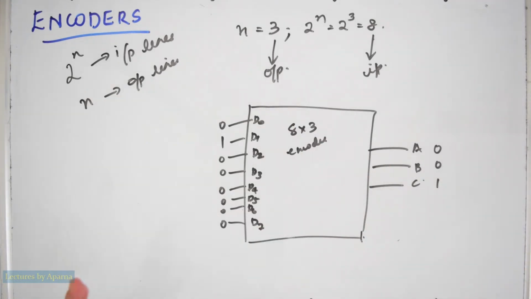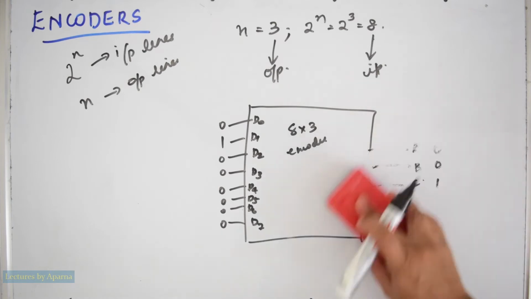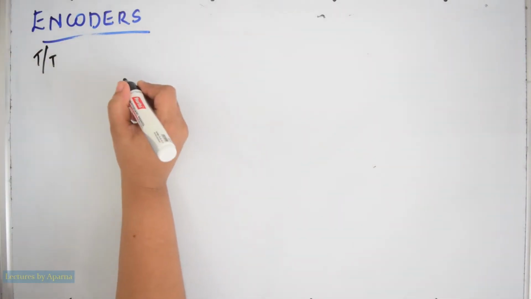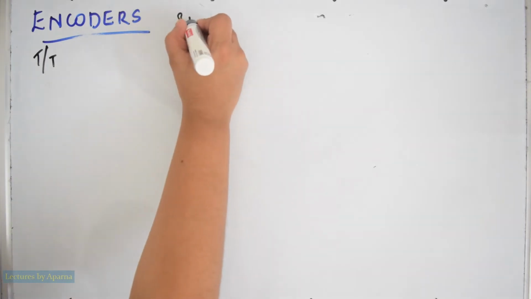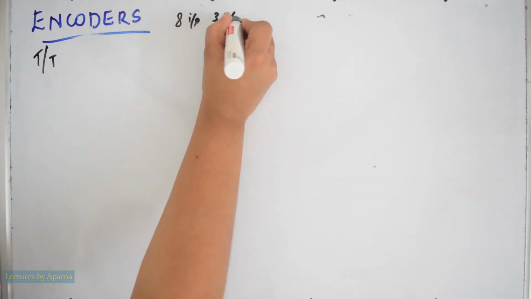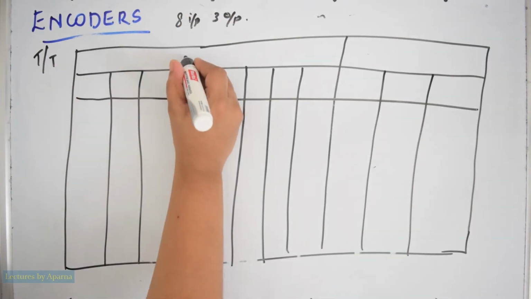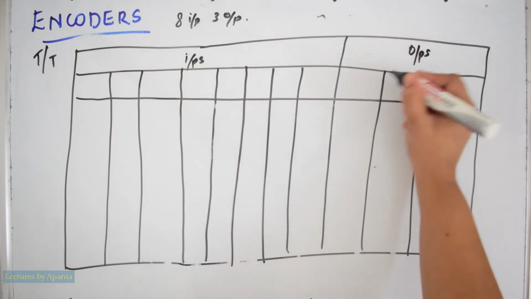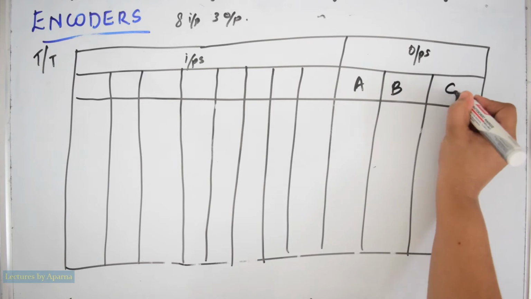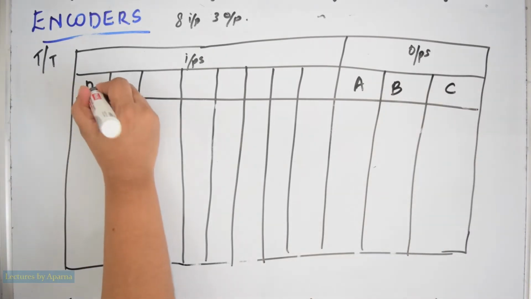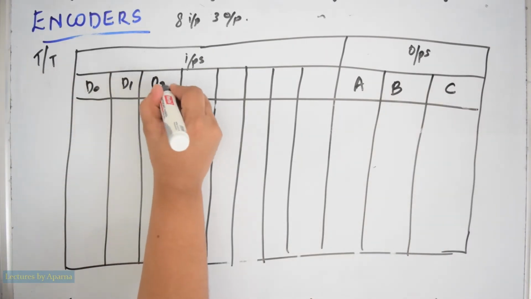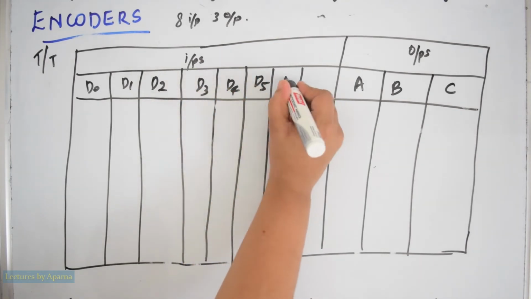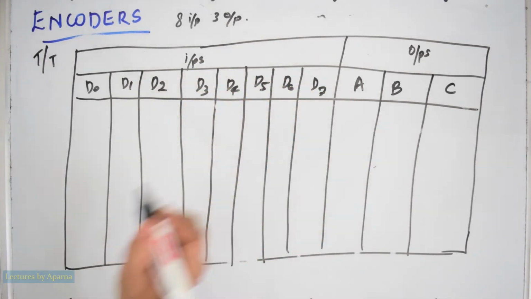So let's write the truth table of the encoder. It will have 8 inputs and 3 outputs. These are the inputs and these are the outputs: A, B, C, D0, D1, D2, D3, D4, D5, D6 and D7.